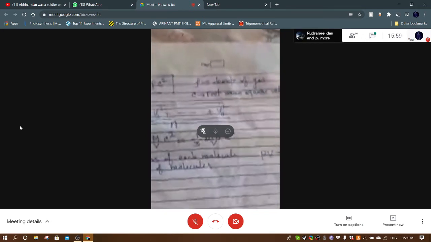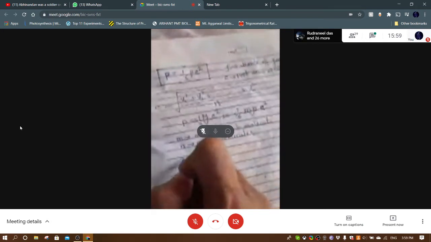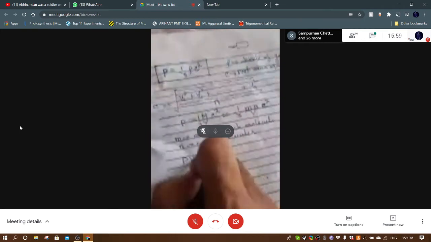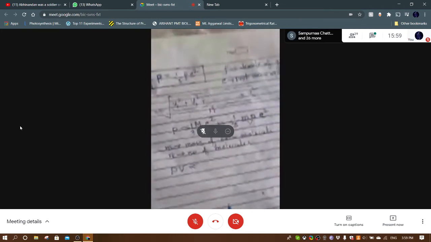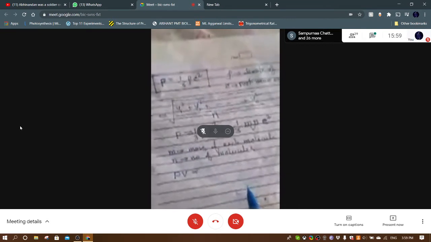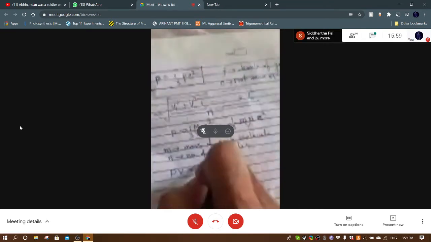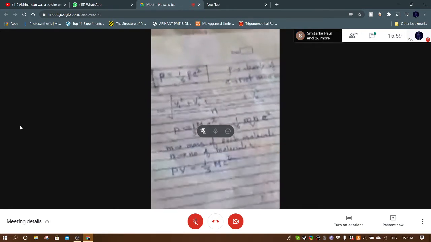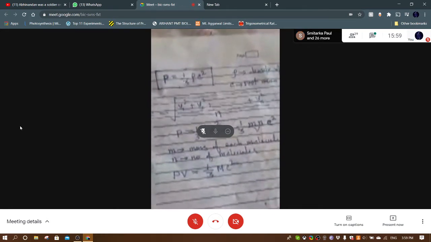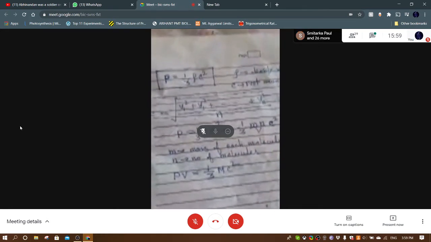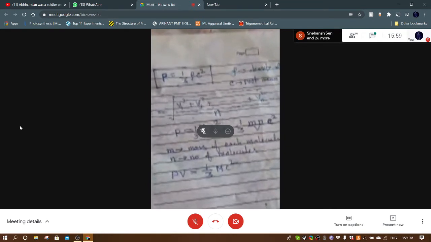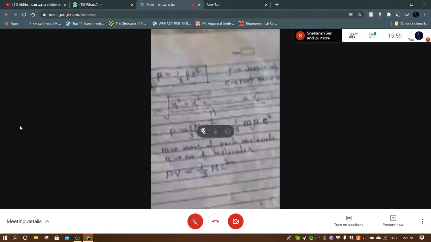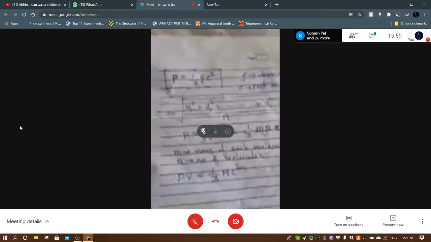All right. Now next you see from here, PV equals to, if I do the calculation, 1 by 3 m into c square. Is it okay?